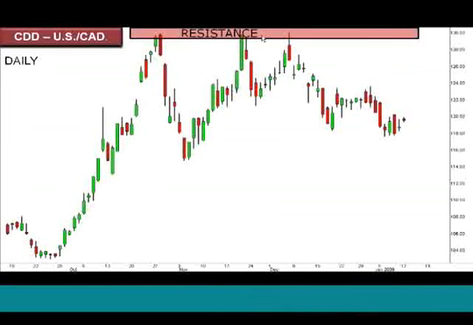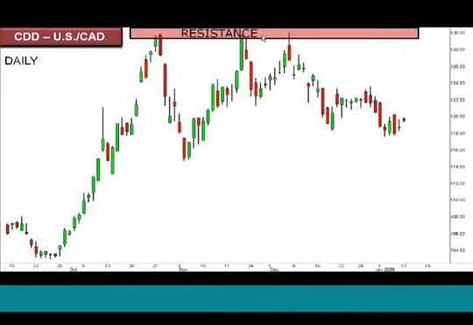If you're somebody that had been long over that time frame, on the CDD or the U.S. versus the Canadian dollar, that tells you that, hey, it might be time to start locking in some profits or putting a plan of attack together to ensure that you're not separated from any profits that you've had.